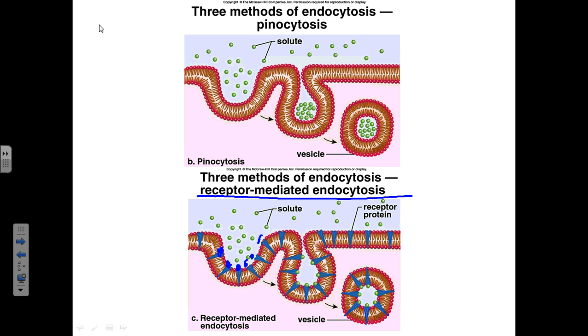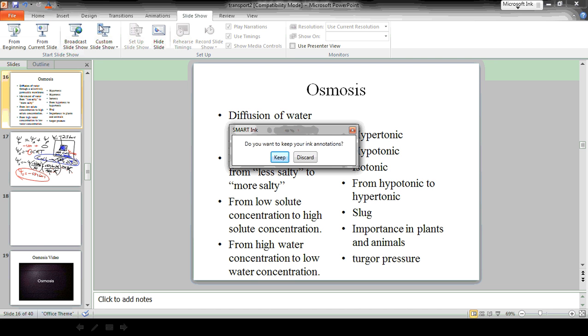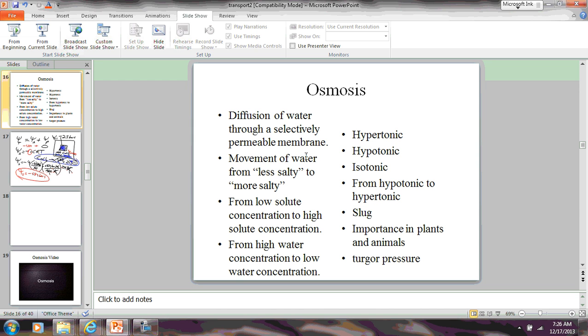That takes energy, right? To do all that pinching and moving by the cell. Those are active processes. That requires ATP to be used. All right. Any questions on the cell transport business there? We're going to talk a little bit about cell signaling.